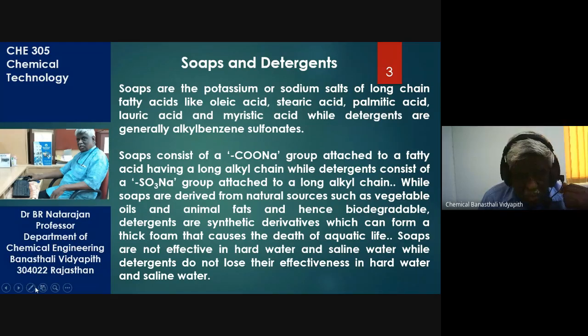You all know that soaps are the potassium or sodium salts of long chain fatty acids like oleic acid, stearic acid, palmitic acid, lauric acid, myristic acid, while detergents are generally alkyl benzene sulfonates.